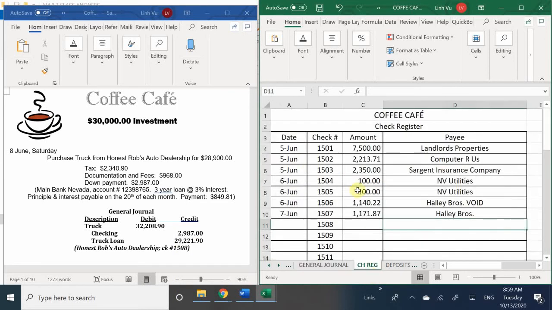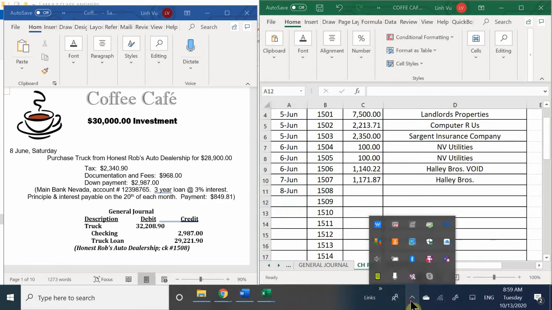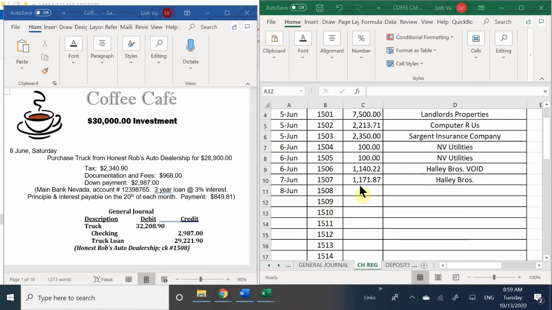Yes, check register. So here on June 8th, I wrote a check for $2,987. And who is it to?